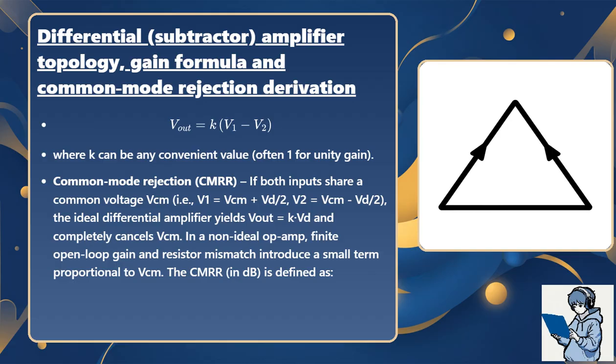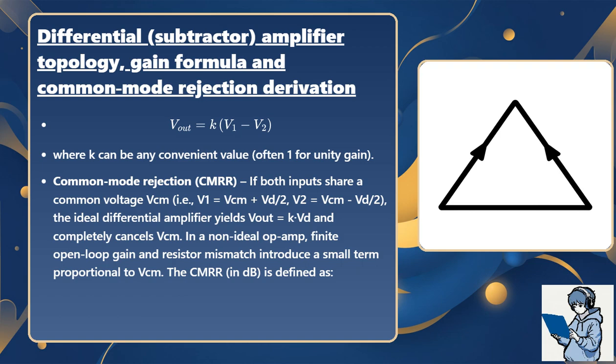Common mode rejection, CMRR. If both inputs share a common voltage VCM, that is V1 equals VCM plus VD over 2, and V2 equals VCM minus VD over 2, the ideal differential amplifier yields Vout equals K times VD and completely cancels VCM. In a non-ideal op-amp, finite open-loop gain and resistor mismatch introduce a small term proportional to VCM.